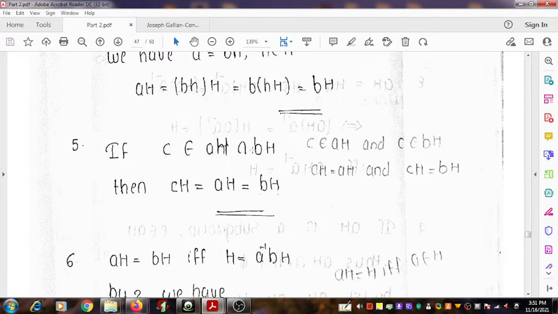If AH and BH contain some common element, then we want to show that every element of AH is in BH, and every element in BH is in AH. Then only we get that AH equal to BH.